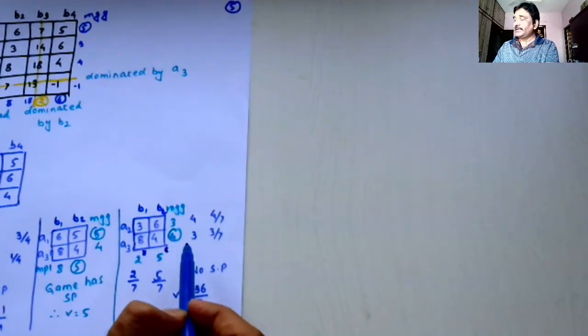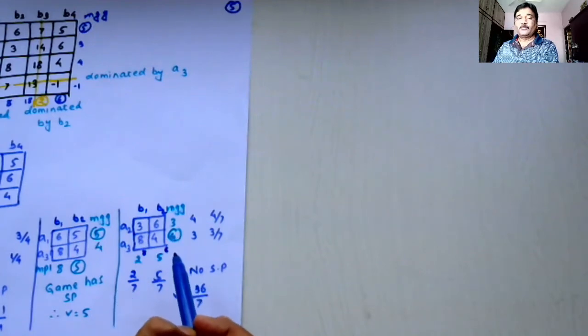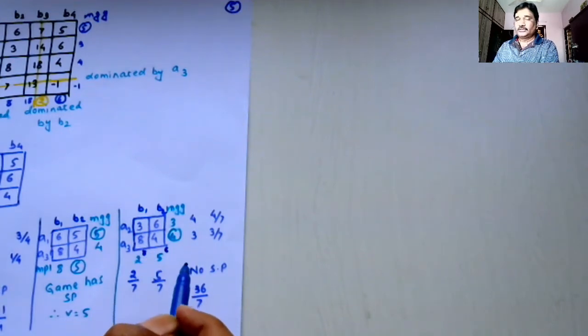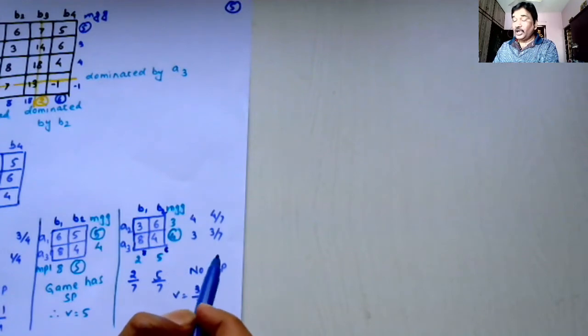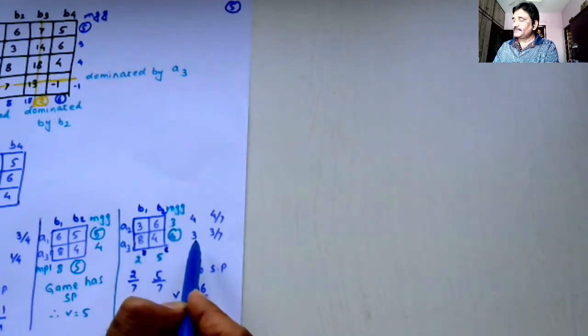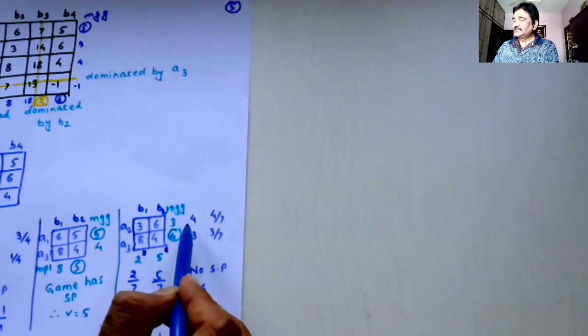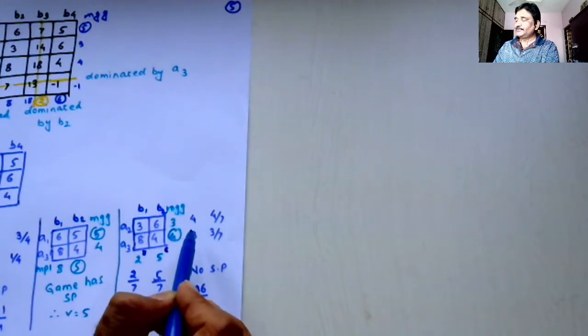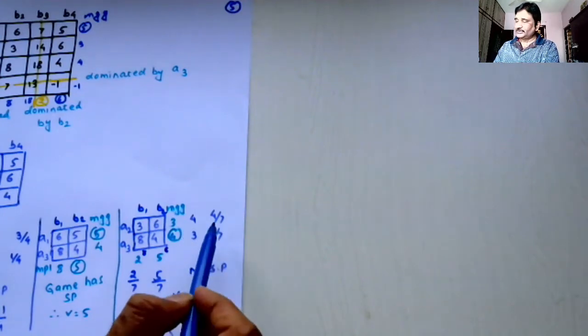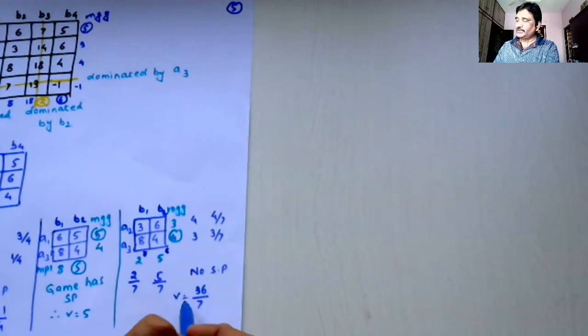What we find is that the game doesn't have a saddle point because maximin is not equal to minimax. So you have to go for finding the oddments. 8, 4 difference is 4 here, and 3, 6 difference is 3 here. You make the sum of these two, that comes to 7. So 4 by 7 and 3 by 7 are the proportions. With these proportions you can find the game value.